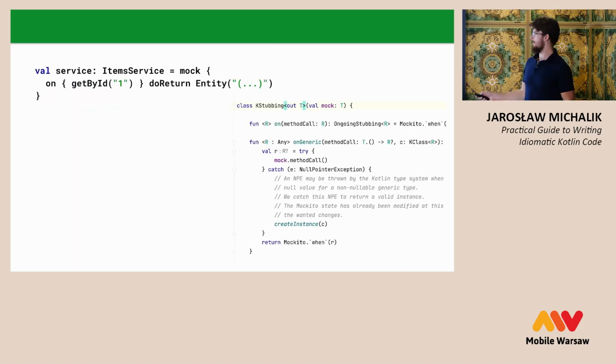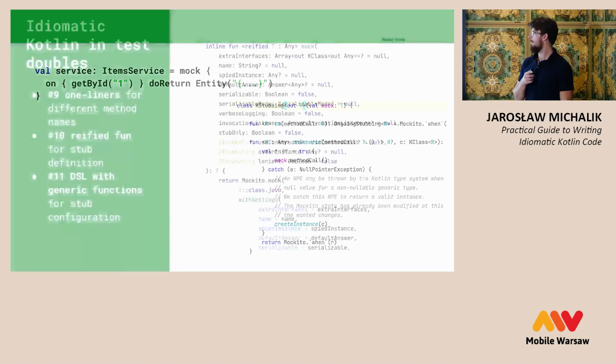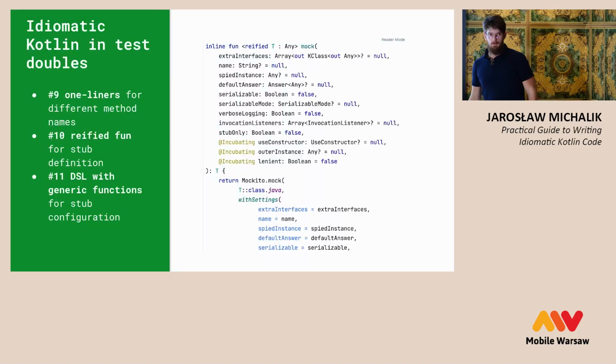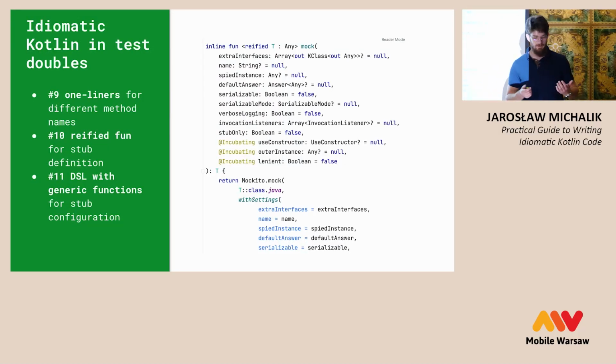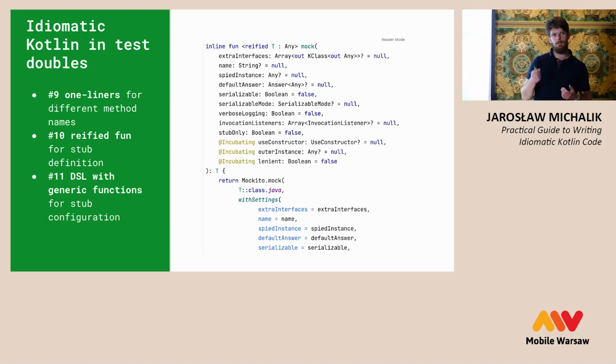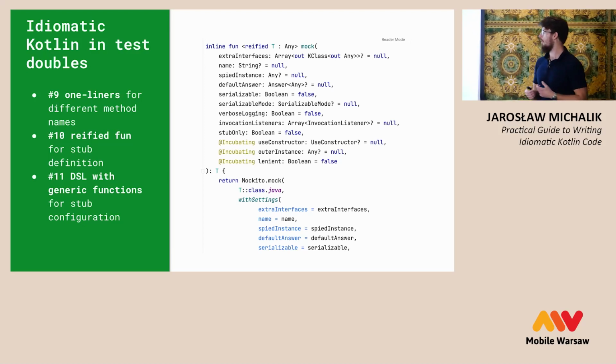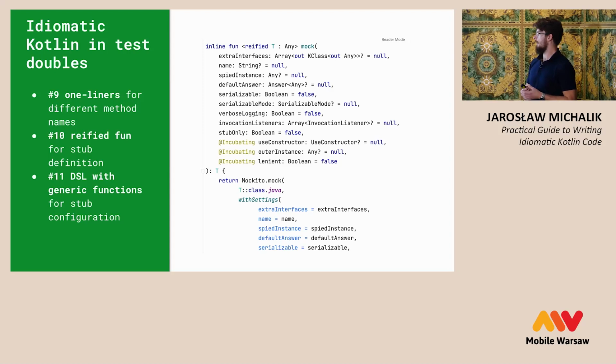And again, it's very simple. We are delegating that stuff to regular Mockito when. Okay, so idiomatic Kotlin in tests. We have nice one-liners like Mockito mock for, we have reification, and once again, we are using a domain-specific language with lambdas and other cool stuff.